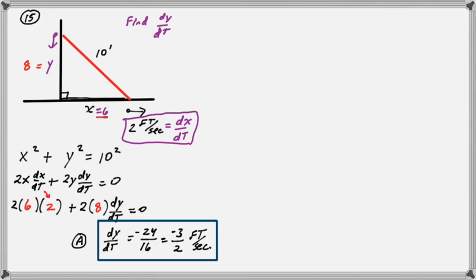B is asking at that exact same instant in time, how fast is this enclosed triangular area changing? Well, what's the area of a triangle? Half base times height. I have my base as x and my height as y.